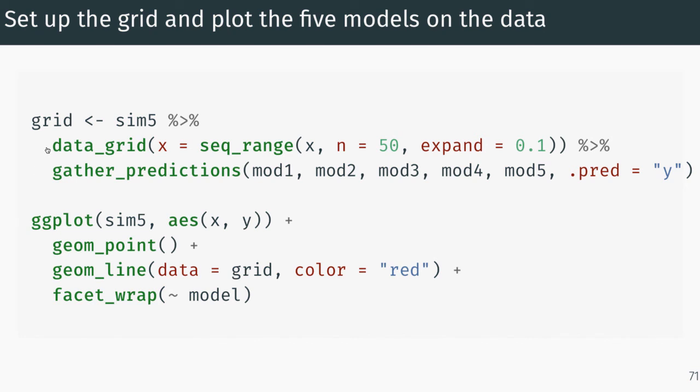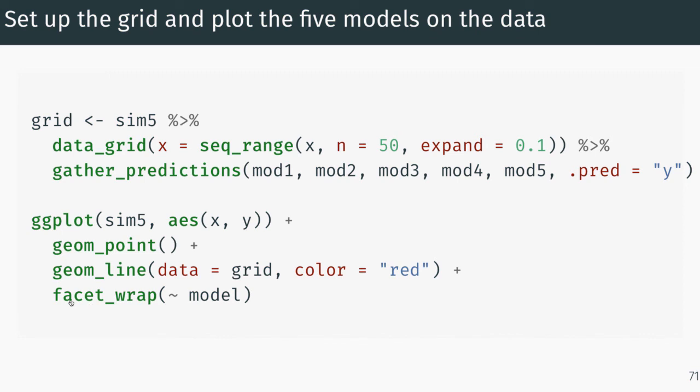So we're going to do the same thing with this that we did before, creating the data grid. So we have this grid, and the geom line represents the grid prediction. And so we're going to have a colored red line, geom line, representing our prediction. And geom point is going to have the sim5 data set.